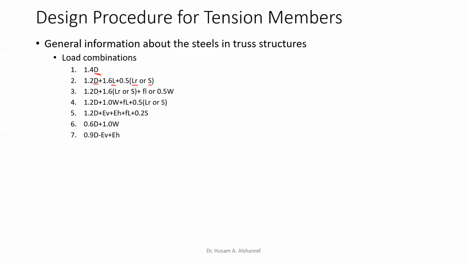The third case indicates the dead load, roof live load or snow, and live load times F, which stands for the occupancy factor, or the wind. Case number 4 is when you have dead load, wind, live load times the occupancy factor, and either one of the roof live load or snow.